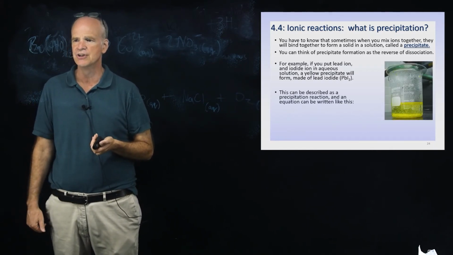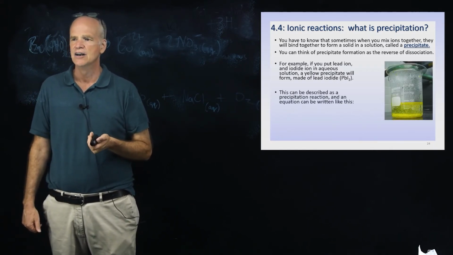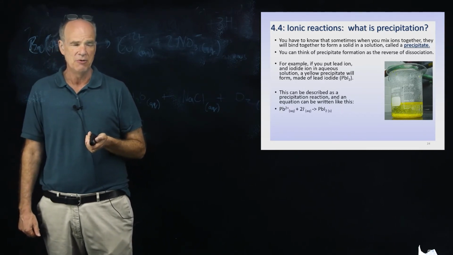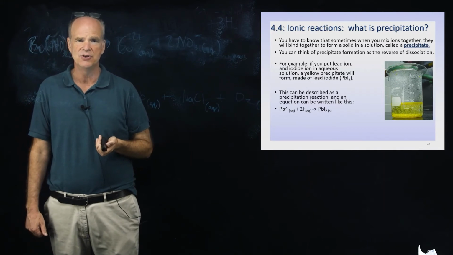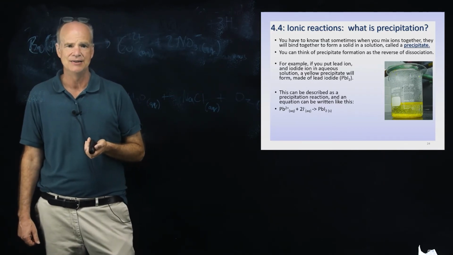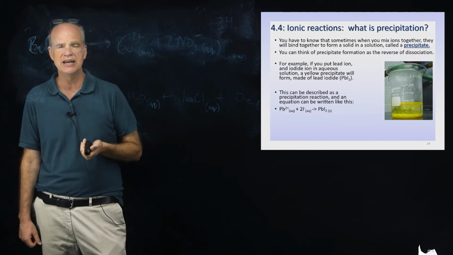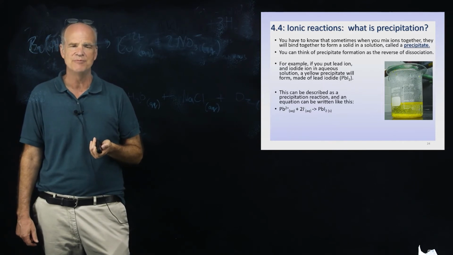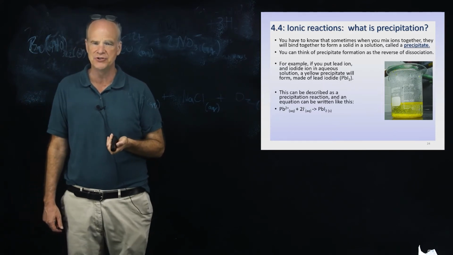There's a classic case of that. What we have here is someone had lead 2+ ions in some solution and had iodide ions in a different solution, and they added them together. Those ions do not like to stay by themselves when they're in the same solution.